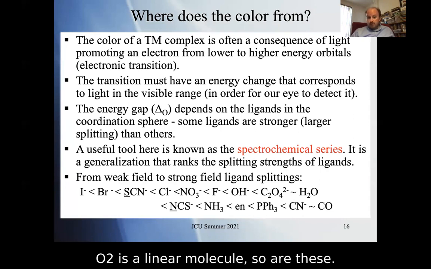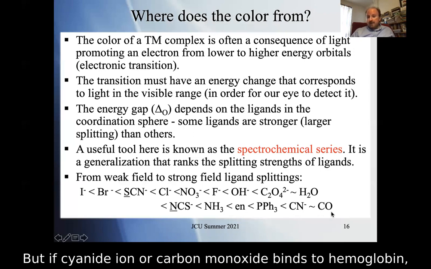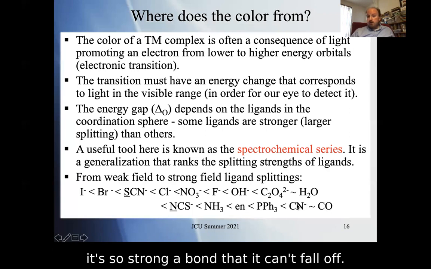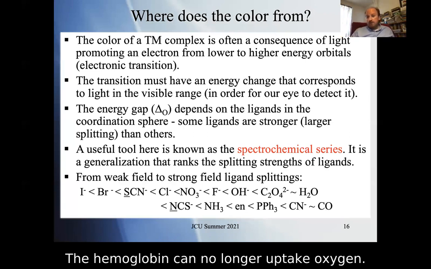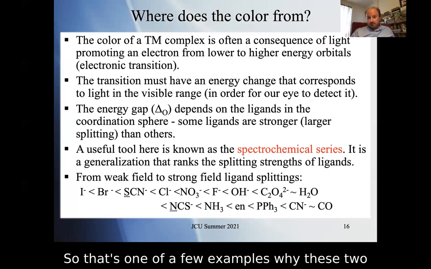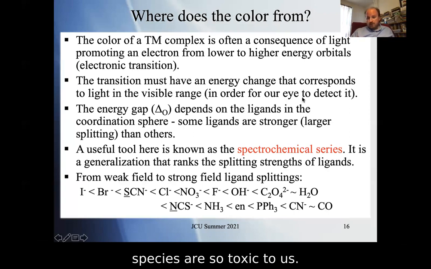O2 is a linear molecule, so are these. But if cyanide ion or carbon monoxide binds to hemoglobin, it's so strong a bond that it can't fall off, which means that the hemoglobin is basically then dead. The hemoglobin can no longer uptake oxygen. So again, that's one of a few examples why these 2 species are so toxic to us, because of their bond strength.